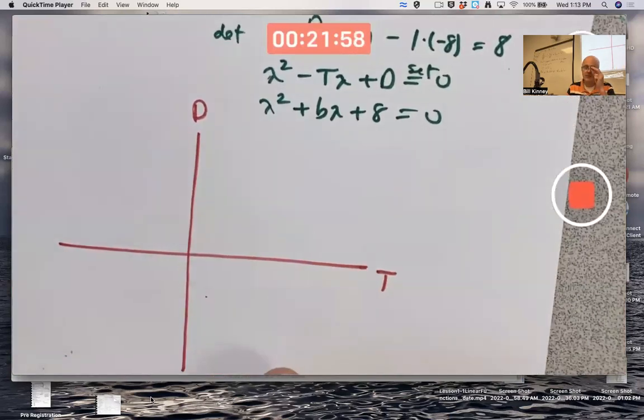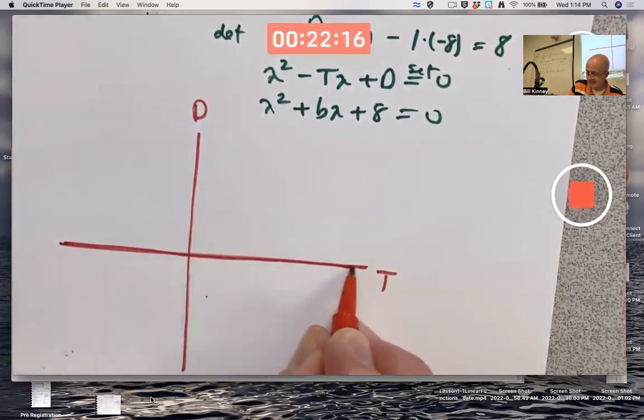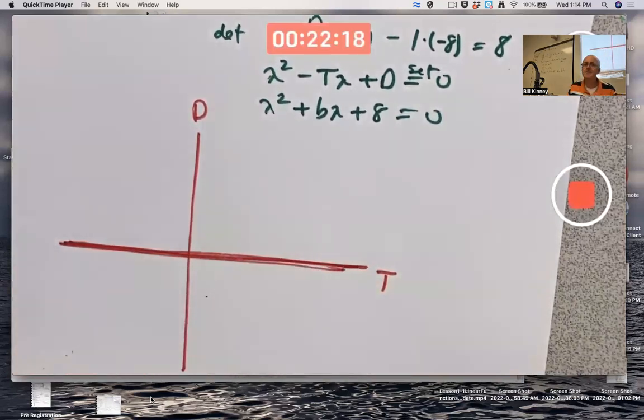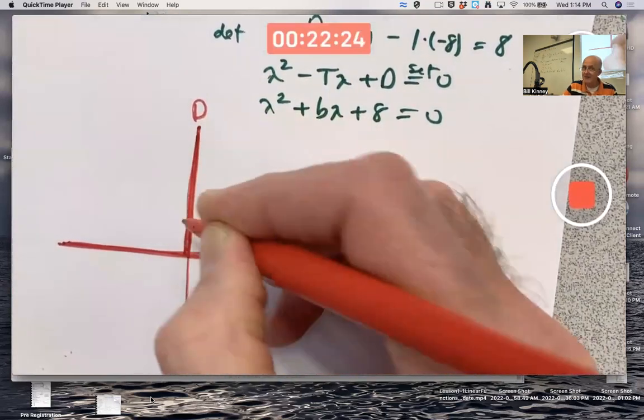In this trace determinant plane, you want to mark off 3 special curves. They're called critical loci. Loci is the plural of locus. Locus means curve, essentially. One of them is the t-axis. Make it darker. Another one is the positive d-axis. Make that darker, not the negative d-axis.